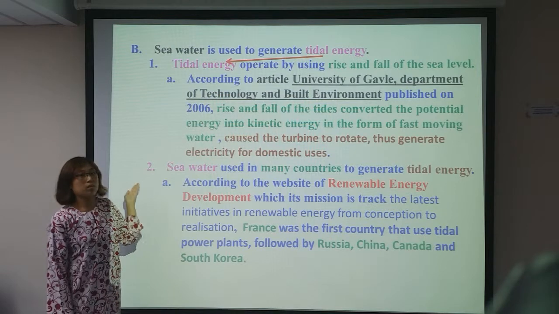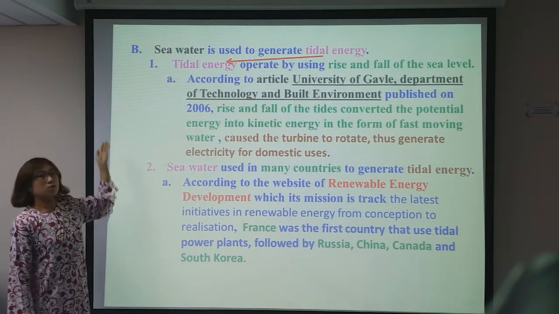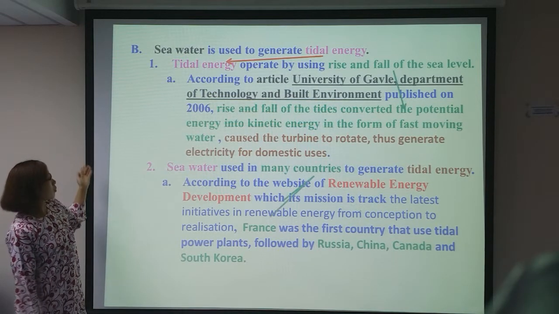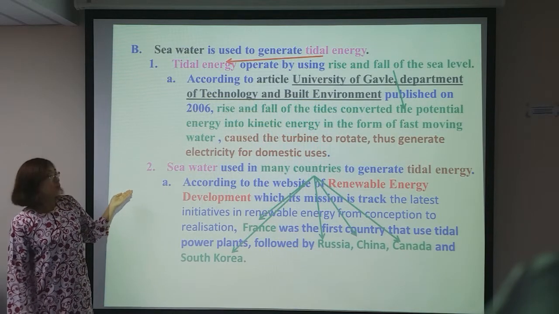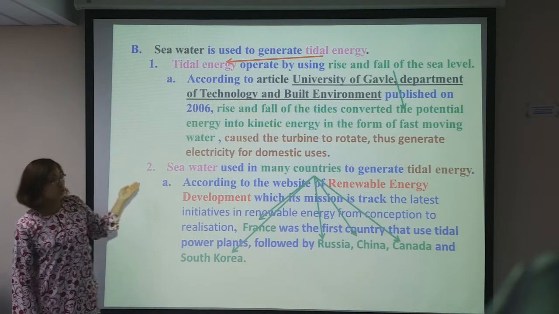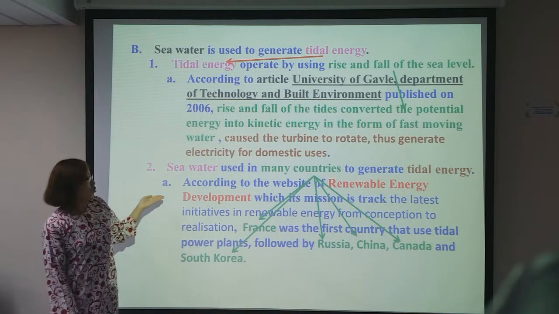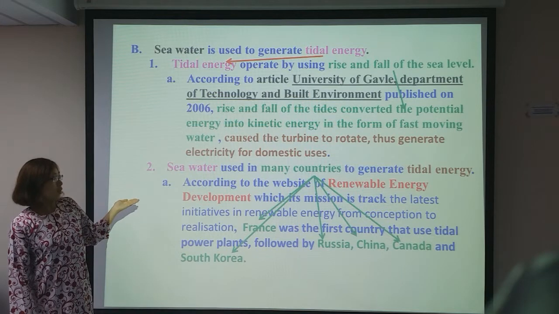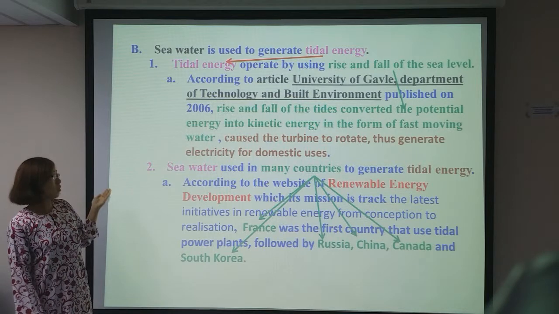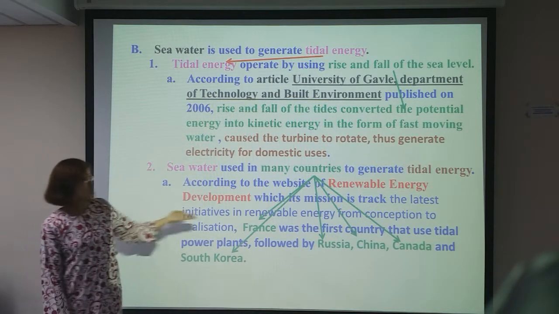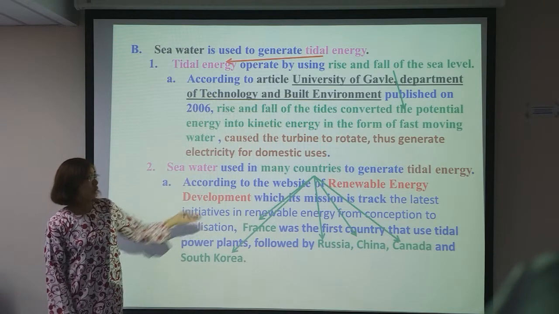So I will move to number 2. The number 2 will be the supporting sentence for capital letter B. For A, we have provided supporting material from a reliable source, the website Renewable Energy Development, to show that France was the first country to use tidal power plants, followed by many countries as shown by the arrow here.